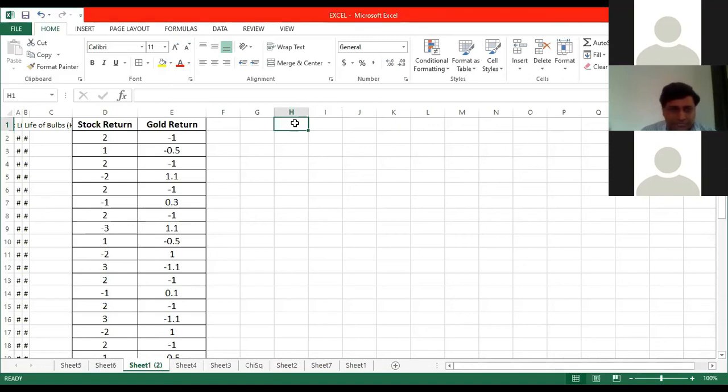Can you make out? Stock return, most of the time it seems as if it is giving a positive return. But let's say, for example, if I put these minus figures, these gold returns in place of stock returns and stock returns in place of gold returns, what will the correlation coefficient be in that case?